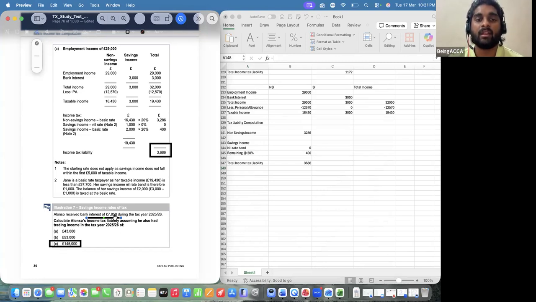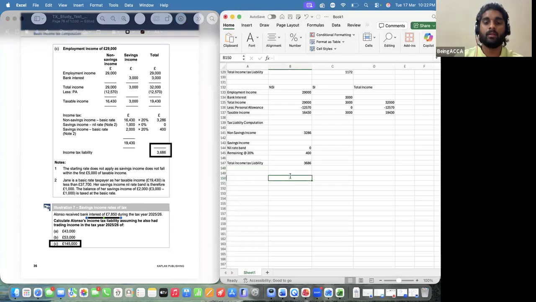So here, what has been mentioned? Alonso received bank interest of 7,850 and has trading income of 145,000. Non-savings income, savings income, total. In any of the questions, irrespective of how we go, we ensure that we follow the same pro forma.